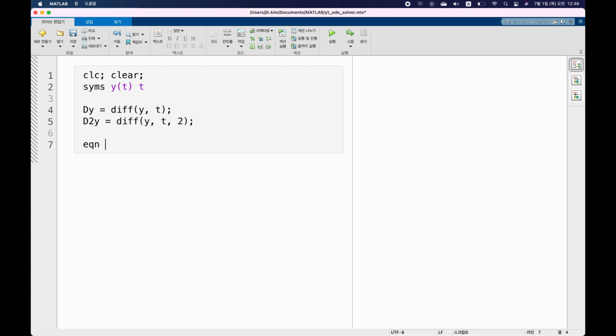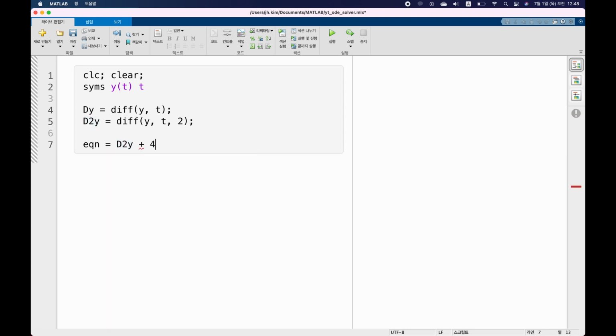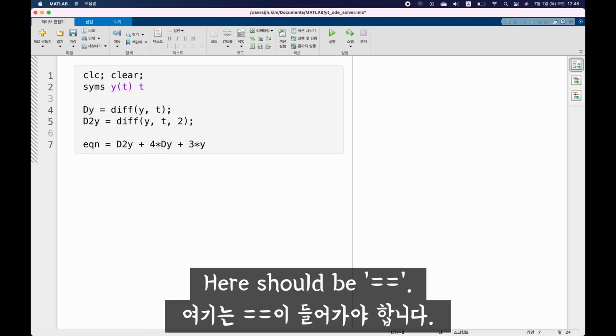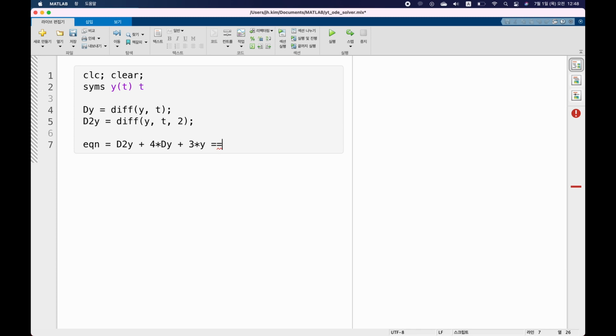So the equation is d2y plus 4 times dy plus 3 times y, and here it should be ==, equal. It is not =, so ==. And then this is 0. So it means y double prime plus 4y prime plus 3y is equal to 0.